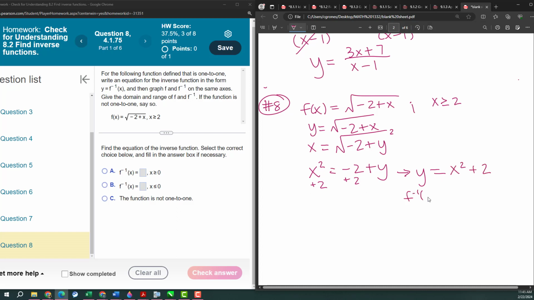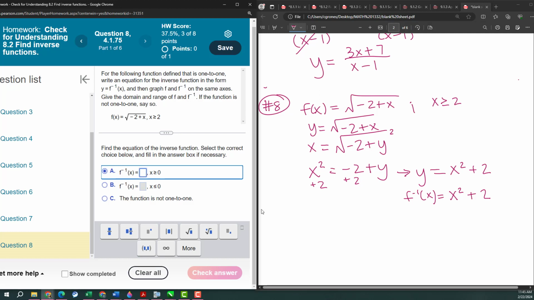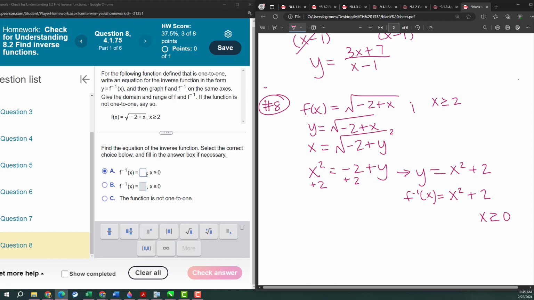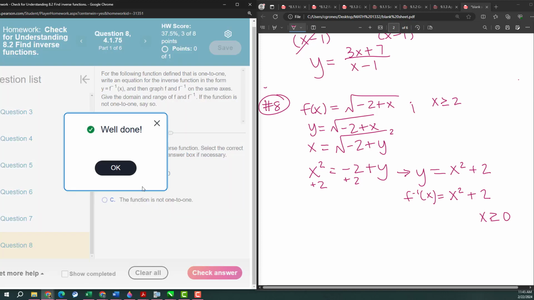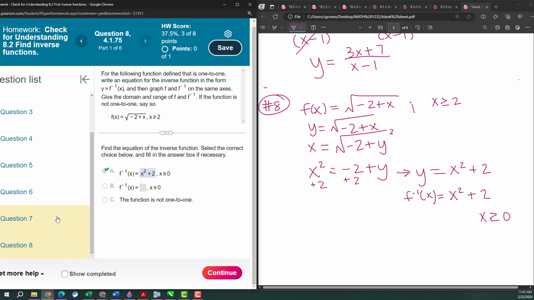And remember, we have to change our notation to represent the inverse function, and x is going to be greater than or equal to 0. So let me write that. X is greater than or equal to 0. So I've got x squared plus 2.